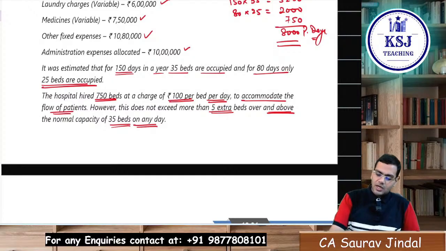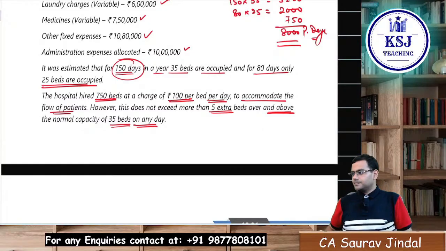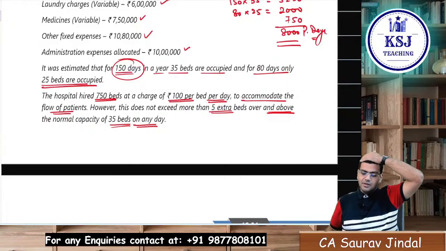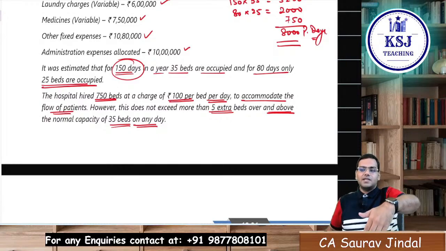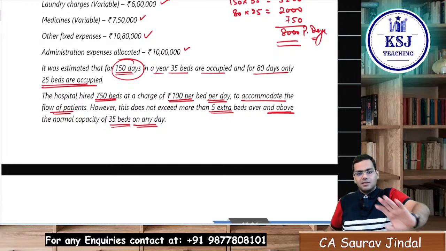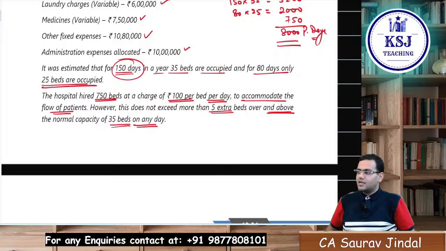You do not know that during this 150 days only you need extra beds, right? It can be any time. Clear? What you have applied is that, sir, for the remaining 80 days 25 beds are occupied, so no need of extra beds. That is also correct, I understand it, but simply we have to take 750 total beds being occupied.